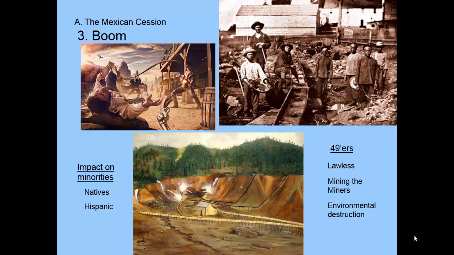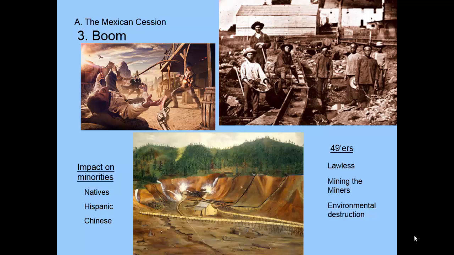When Americans move into the region, they are going to take a lot of these possessions away from the Mexican inhabitants. They're going to take the land because maybe there's gold on it, or they're going to steal their businesses or their homes. And so we see that the United States government, of course, is going to side with the American citizens rather than the Mexican American citizens in a dispute. And so this is not a positive thing for Hispanics in California.